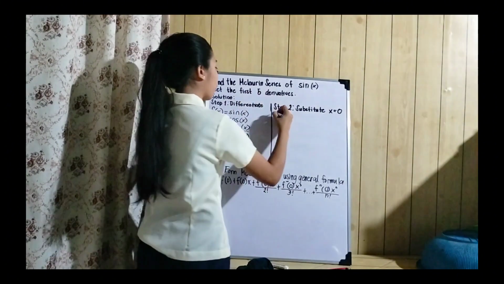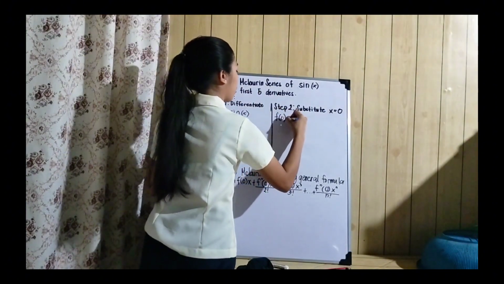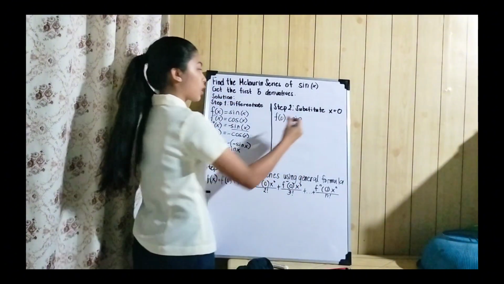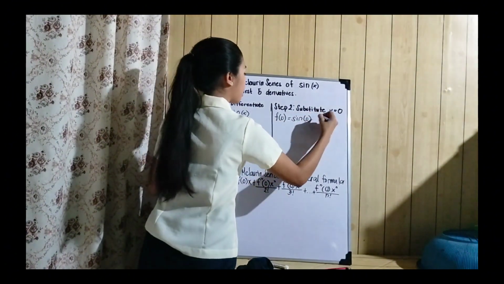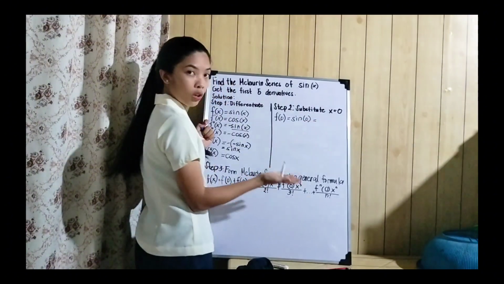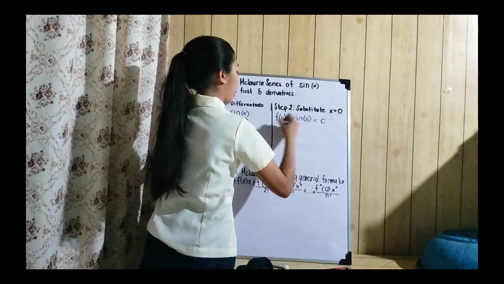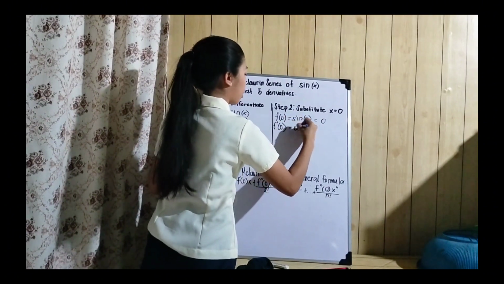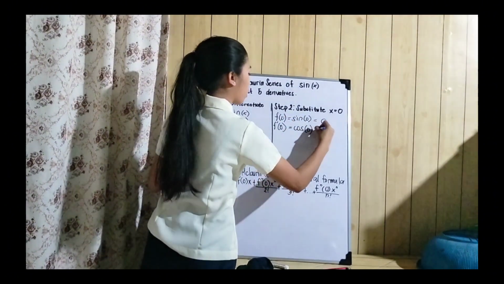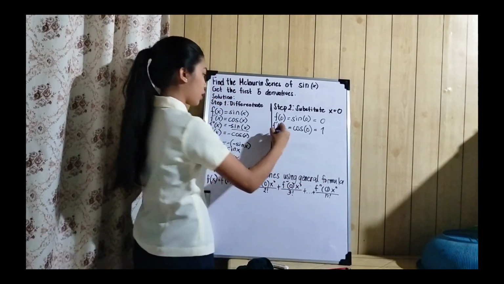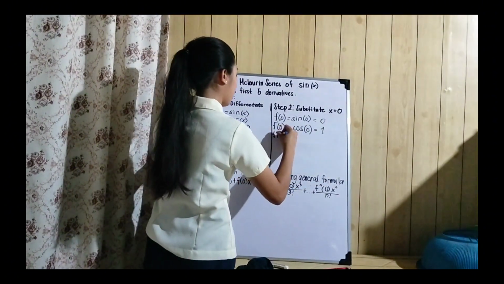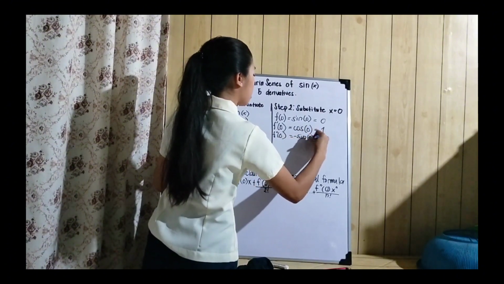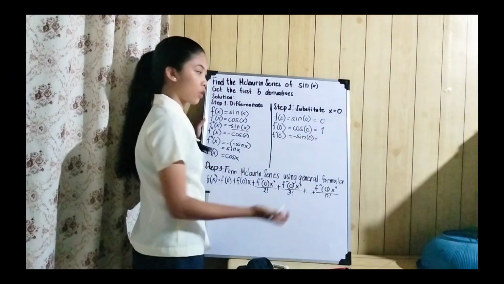So we have here the function, which is sine of x. X will be substituted by 0, which is sine 0 is equal to 0. And the first derivative is equal to cosine 0 is equal to 1, and the second derivative is negative sine 0 is equal to 0.